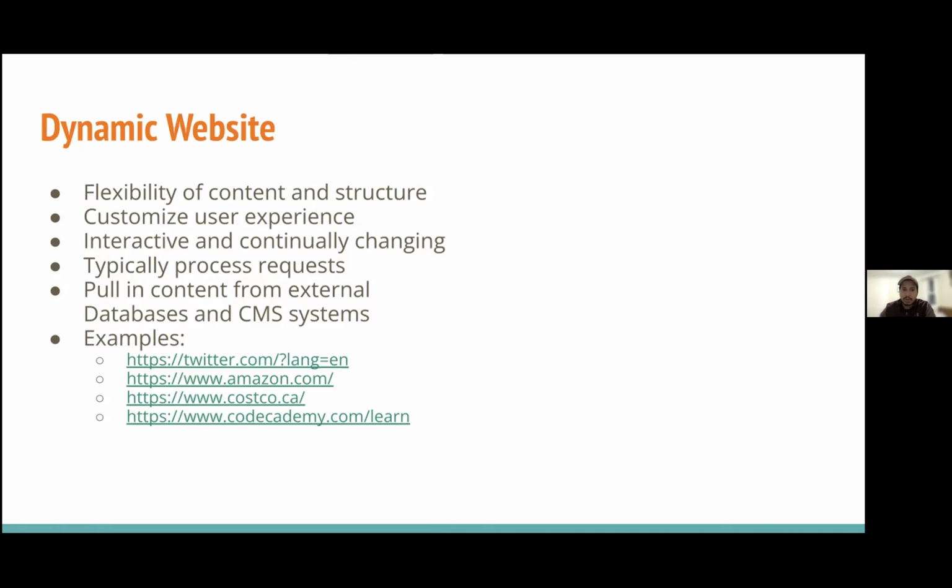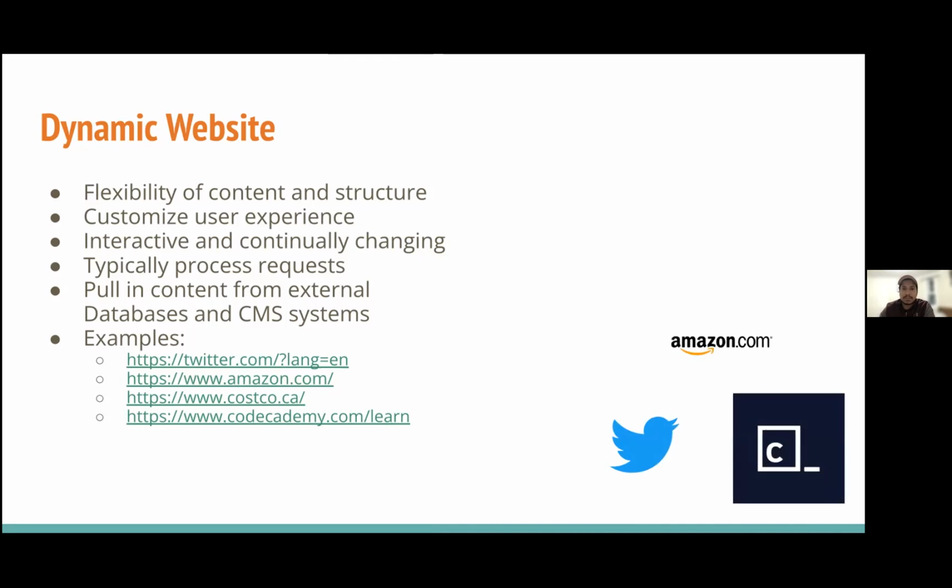If I buy a book, it's going to look at my previous history and process that, and maybe recommend me books or some other product. So that is a dynamic website based upon how you would interact with Amazon. It would give you different results, recommend different results, if you will. And then we also talked about Code Academy. So these are a few examples.